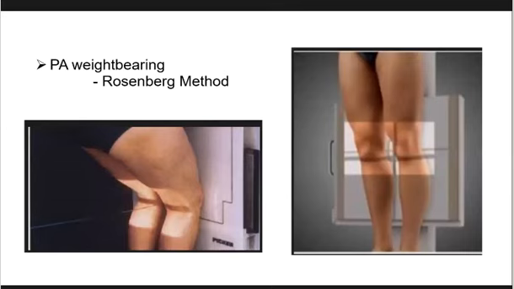So kung makikita natin dito sa left side, ito yung question wherein the patient is facing the vertical cassette holder and flex the knees. So ang central ray dito ay horizontally directed and the X-ray beam enters in the posterior aspect of the knee. So Rosenberg method yan, PA with bearing projection.